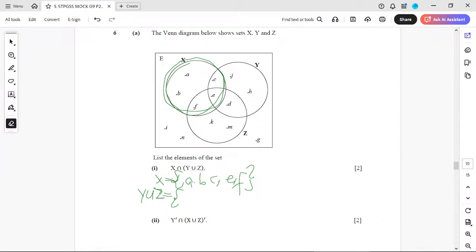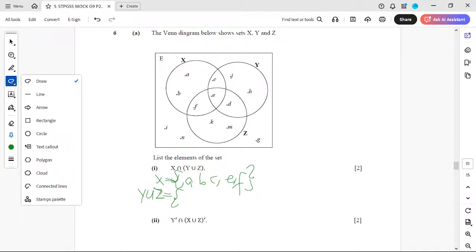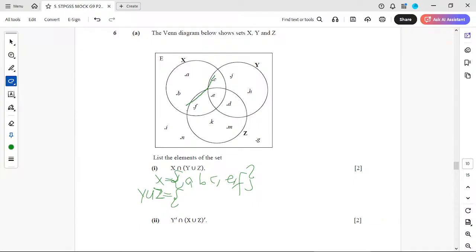Let me just label this set X, the one I indicated. Now, when we talk about set Y union Z, we are talking about these elements like this one.